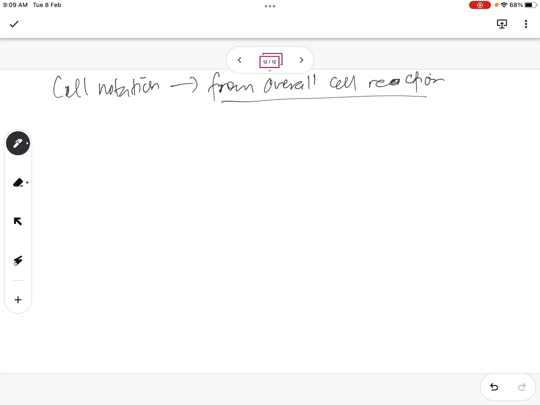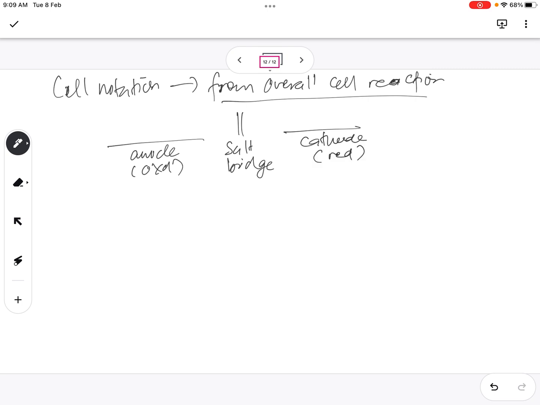Mula-mula kita kena, dia ada salt bridge tengah-tengah, salt bridge. So kalau ada dua garis macam itu, salt bridge. Kemudian sebelah kiri anode ataupun oxidation, sebelah kanan cathode ataupun reduction. Okay, ini format. This is known as the format of cell notation.